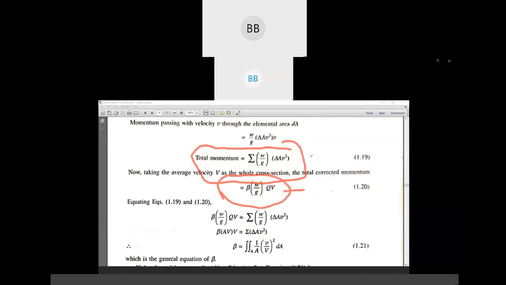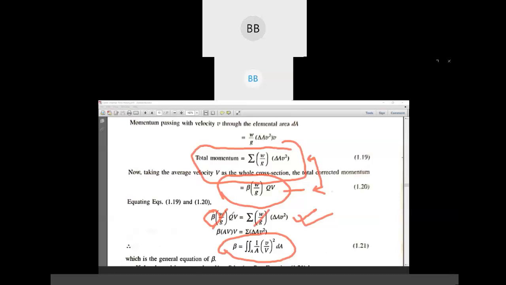Then we equate both the equations, like what we did for alpha, and then we find out the beta value. Simple mathematics. The specific weight by gravity on both sides will cancel out.